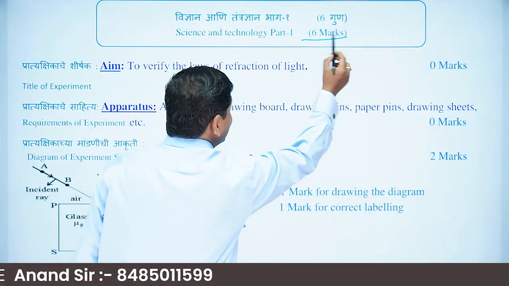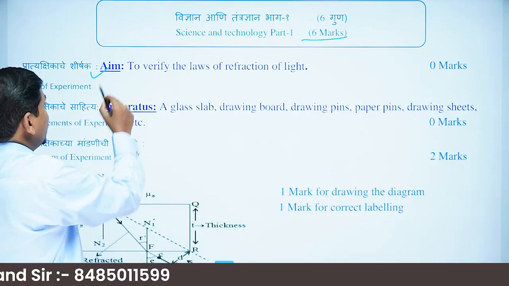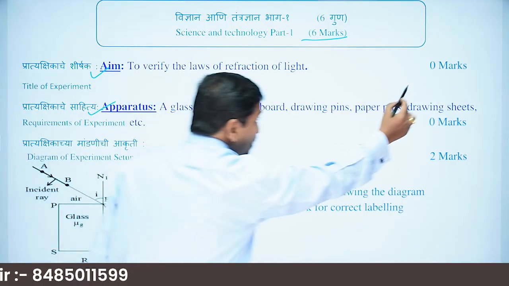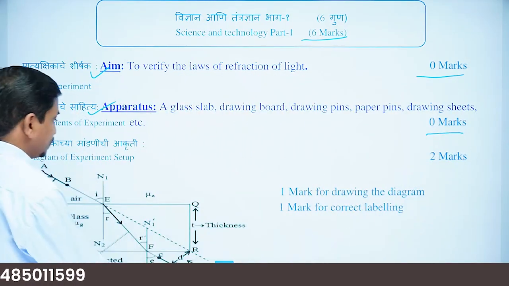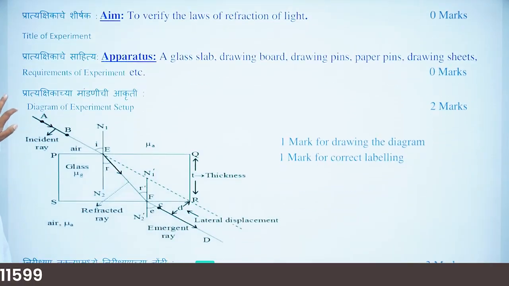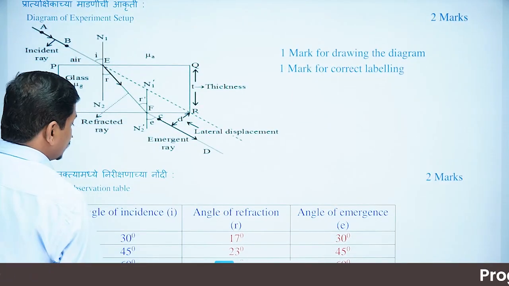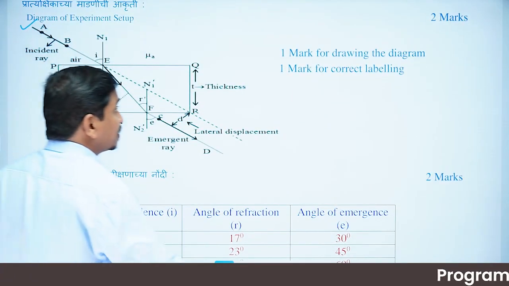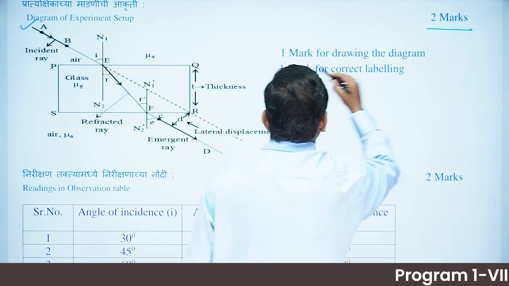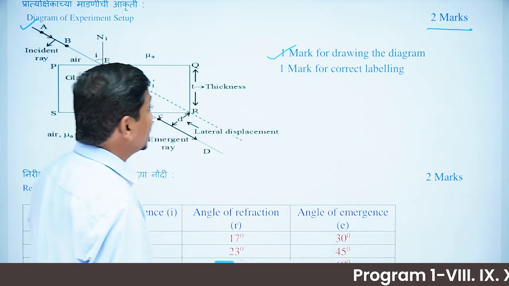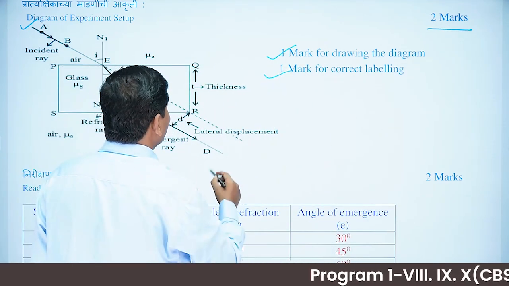For this experiment, you will get 6 marks. For aim and apparatus, you will get 0 marks. For diagram, you will get 2 marks: 1 mark for drawing the diagram technically correct and 1 mark for correct labeling.